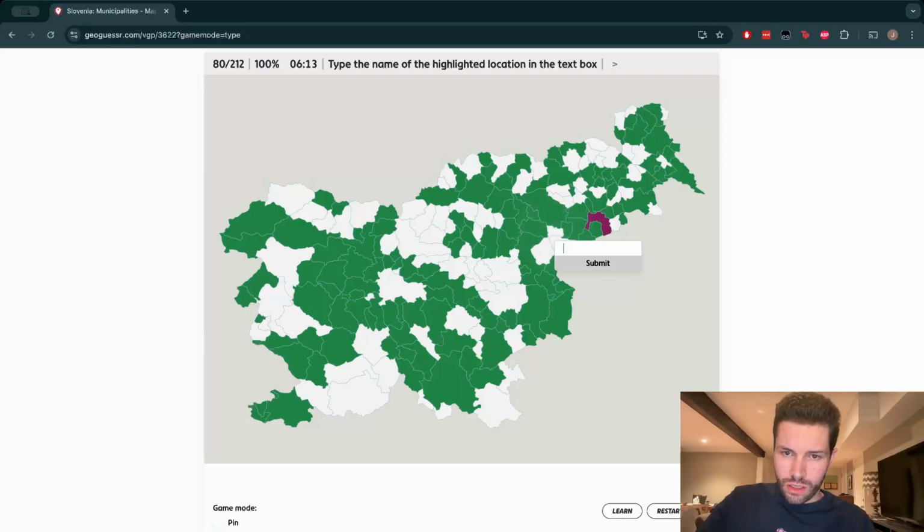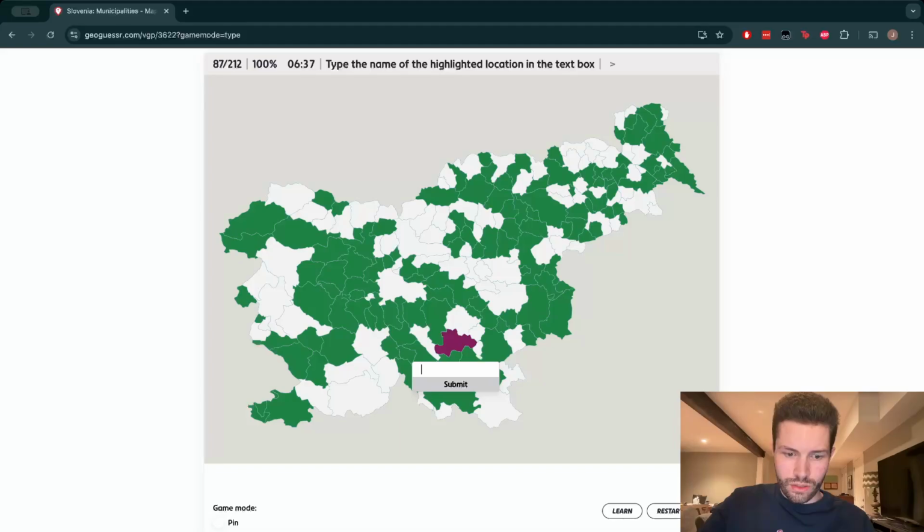Polčane. Videm. Ormož. Šenčur, Jezersko, that is Mengeš, Kanal ob Sochi, Šentilj, this is Žužemberk. What is that one?